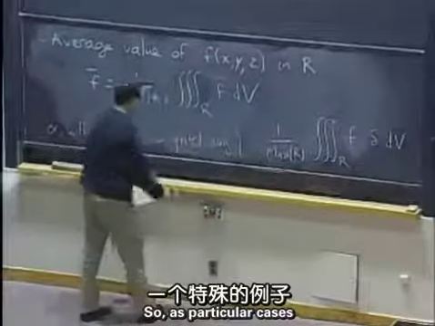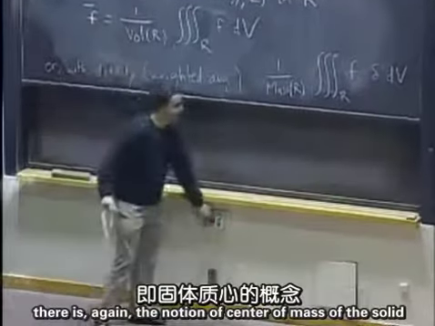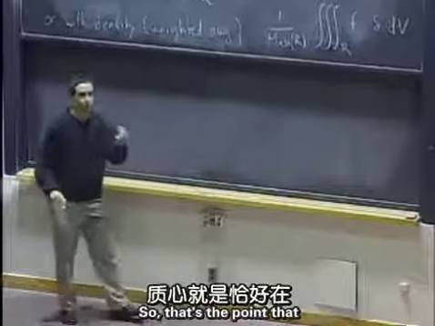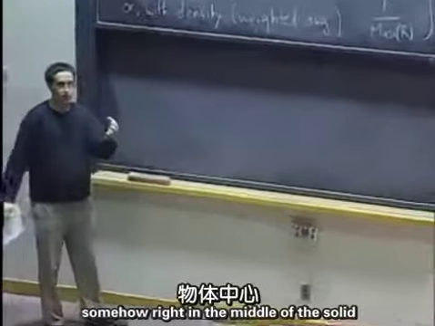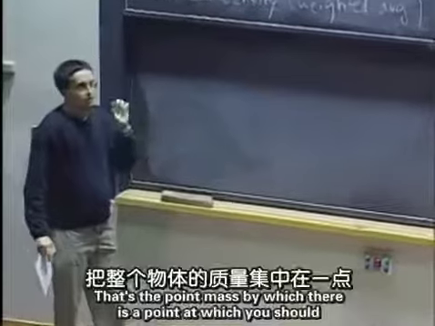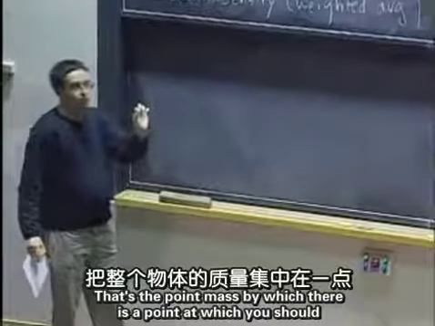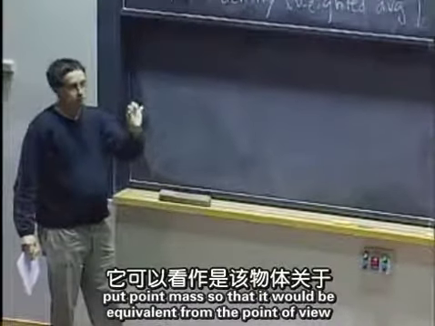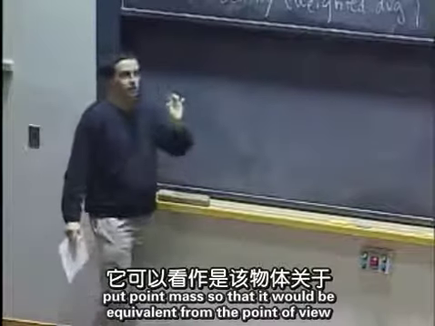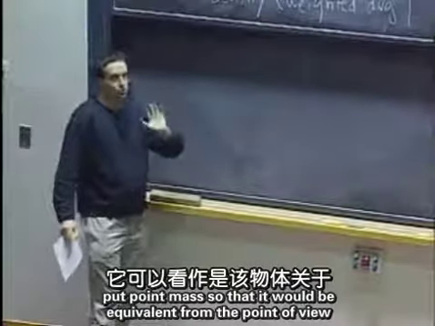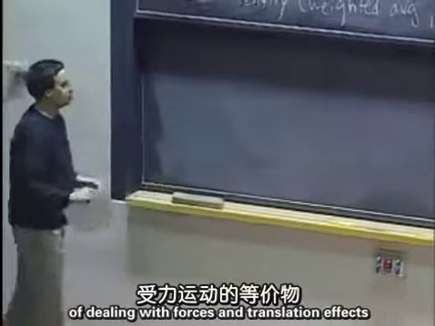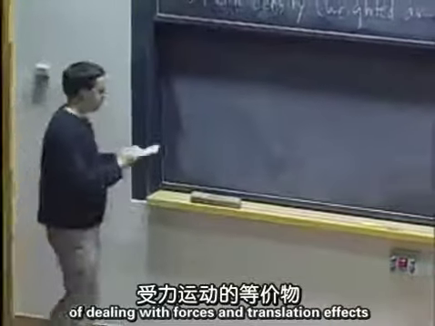So as particular cases, there's again the notion of center of mass of a solid. That's the point that's somehow right in the middle of the solid. That's the point at which you should put a point mass so that it would be equivalent from the point of view of dealing with forces and translation effects. Of course, not for rotation.